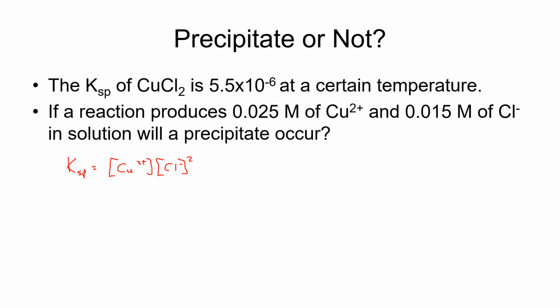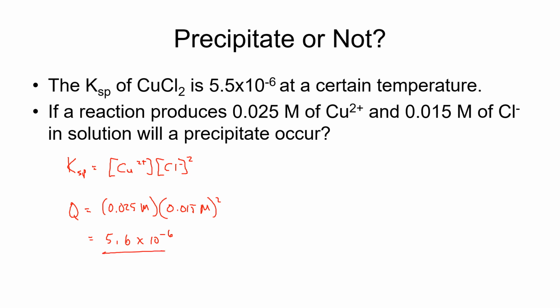So we have the Ksp, and we just want to work out Q. So Q is going to be 0.025 moles per liter for the copper ions times 0.015 moles per liter squared for the chlorine ions. And so if you multiply those together, 0.025 times 0.015 squared equals, you end up with 5.6 times 10 to the negative 6. And so I'm going to compare that to K.